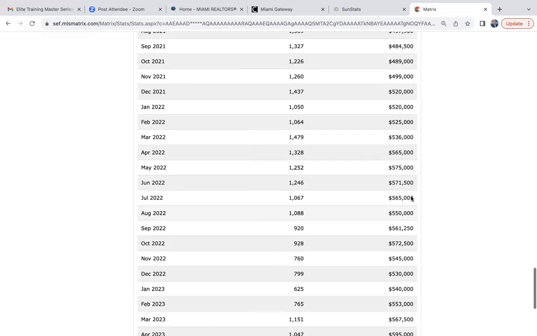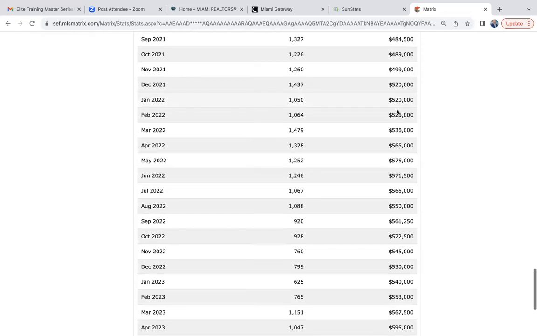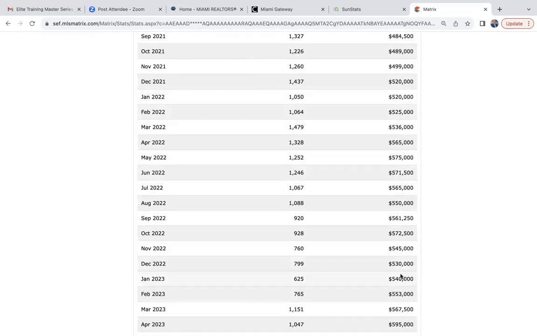So for example, what did it look like January 2022? 520 versus January of 2023, 540. Actually, as you can see, prices increased a lot faster, or a lot higher, in the last year versus the previous year. All right.